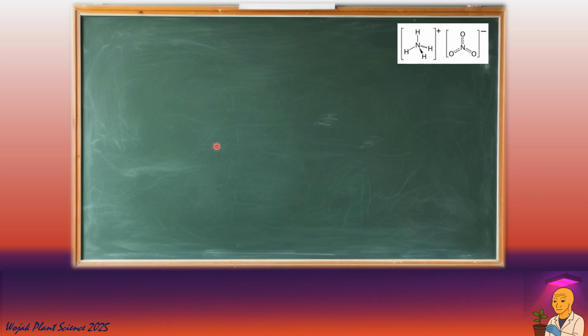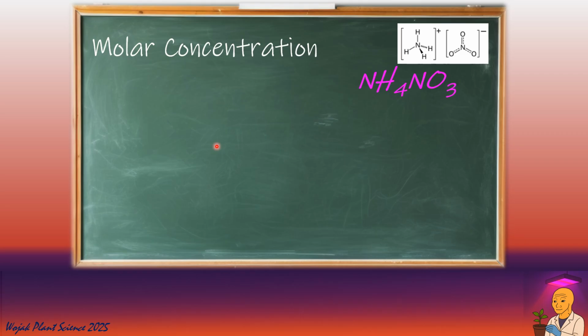So remember, the title of that first video is what is a molar concentration? So let's talk about what a molar concentration is, because we have now learned what a mole is. And I'd like to do that again with the example of ammonium nitrate.